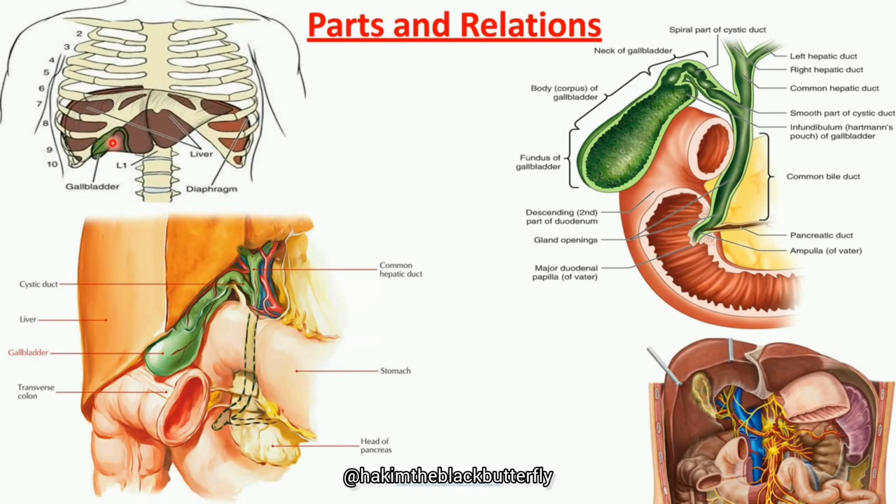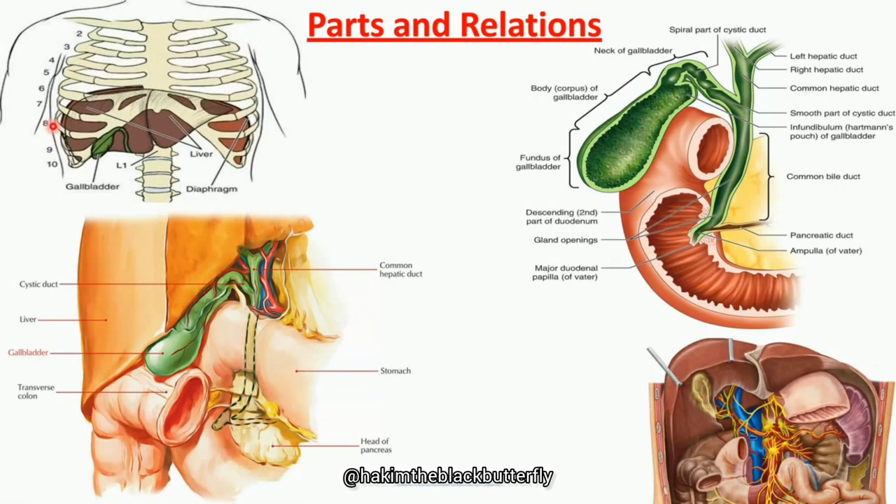But if the patient is, let's say, obese and that line is not visible, your ribs can help you find the gallbladder. If you know how to count the ribs, at the level of rib number 9, around its costal cartilage, that's where the tip of the fundus is going to be situated. And there you can easily appreciate the gallbladder sonographically.